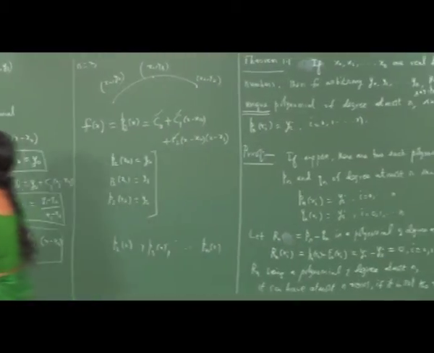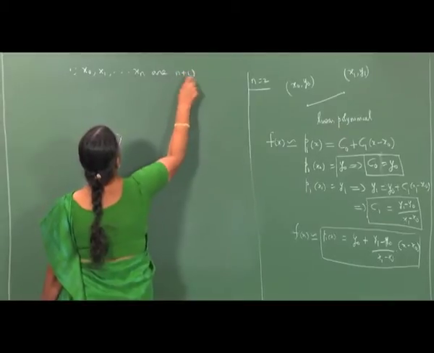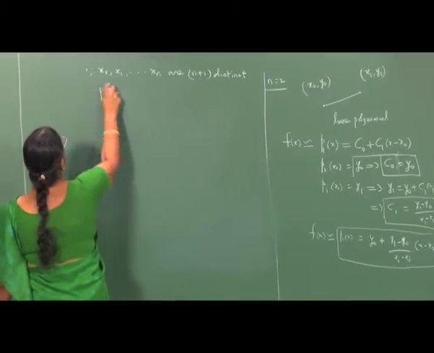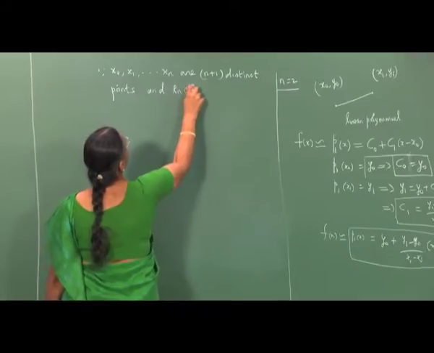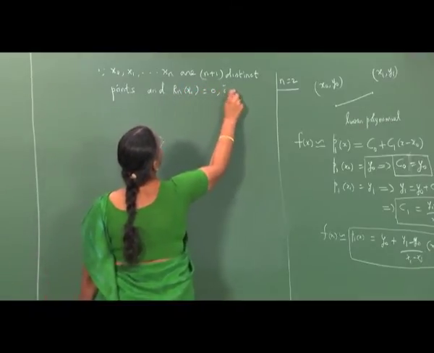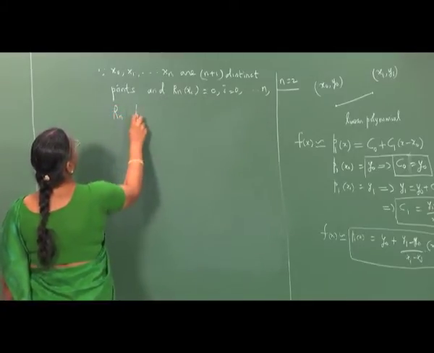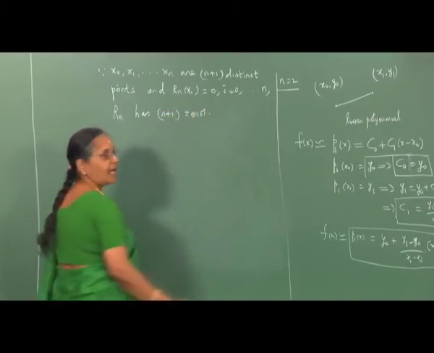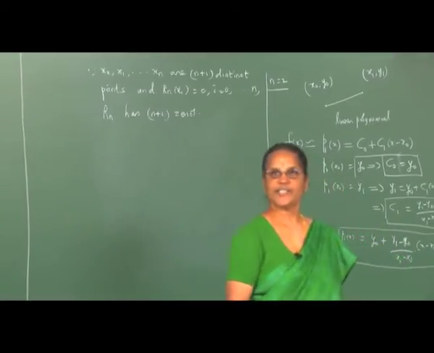Since x0, x1, etc., xn are n plus 1 distinct points, and Rn of xi is 0 for i equal to 0, 1, 2, 3 etc. n, it is clear that Rn has n plus 1 zeros. What are its zeros? They are x0, x1 etc. xn, it has n plus 1 zeros.